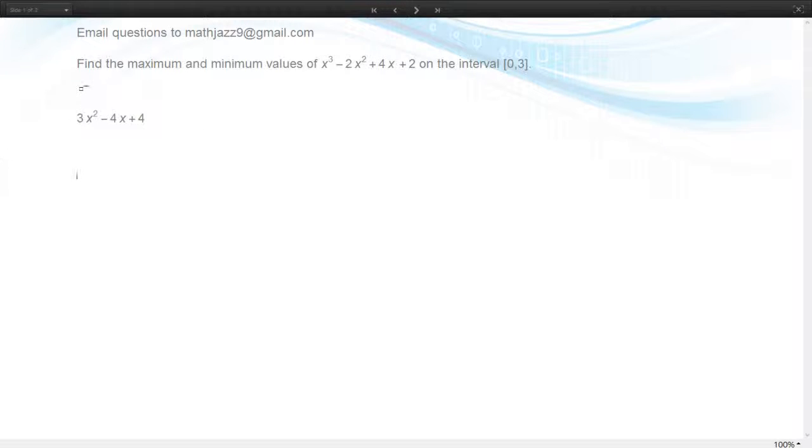I found it again. Okay, so we will have Mathematica solve this equation for us to figure out where this expression equals 0. We have 3x squared minus 4x plus 4 is 0.